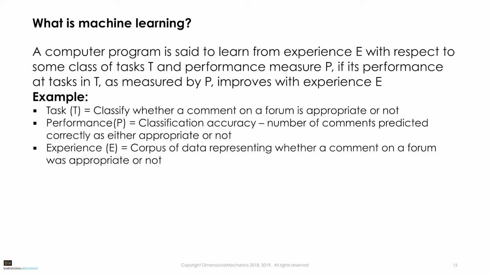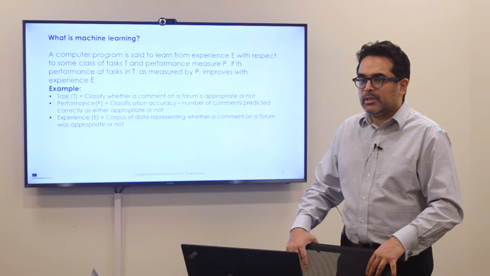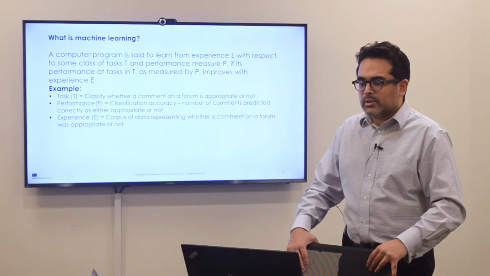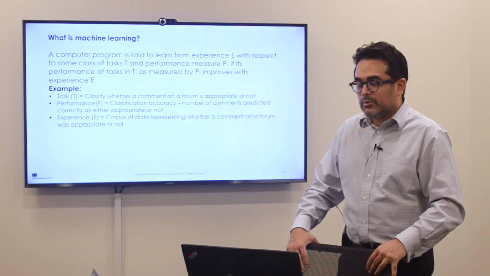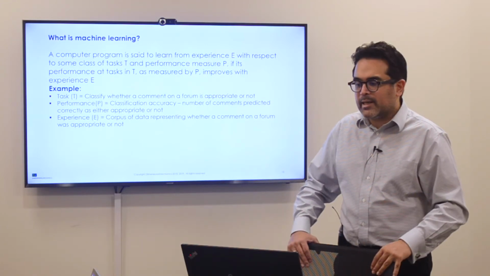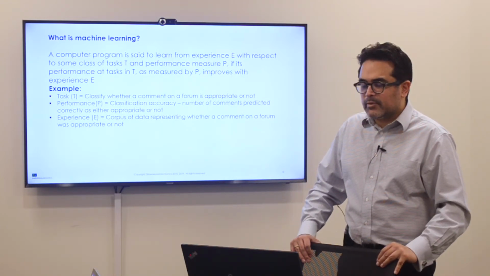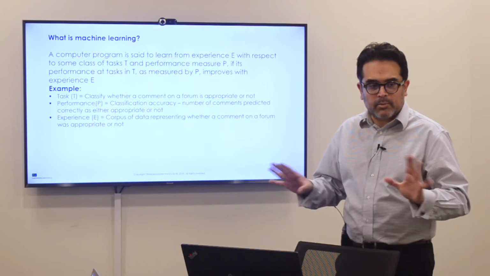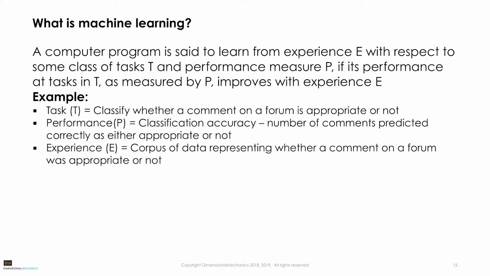And the performance could be measured by many different criteria. It could be, for example, how accurate your models are. It could be what kind of loss your model should have. It could be things like false positive rates. All of these are possible measures P. So a task T is, as I said, a classification problem, whether a comment on a forum is appropriate or not.